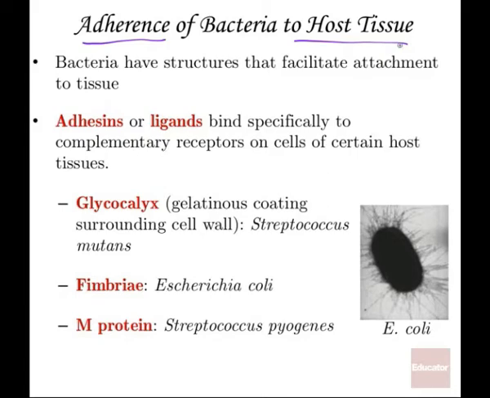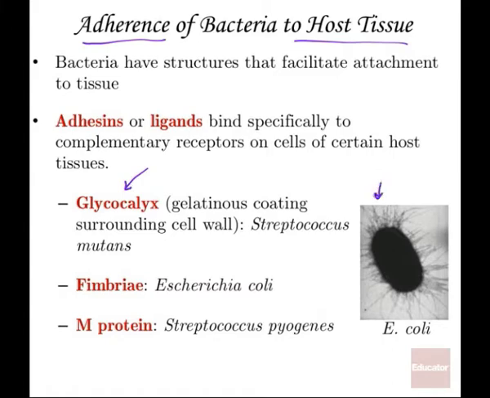These adhesins or ligands are actual places on the bacteria that bind in a complementary way to receptors on the host cells. The glycocalyx is a particular kind of gelatinous coating that surrounds the cell. The fimbriae, as you remember from our lecture about different structures and motility, are little projections.